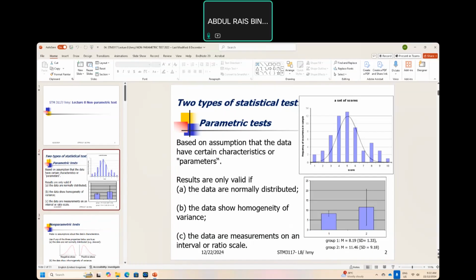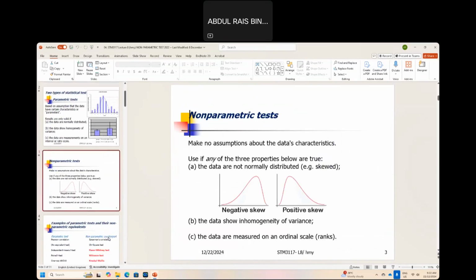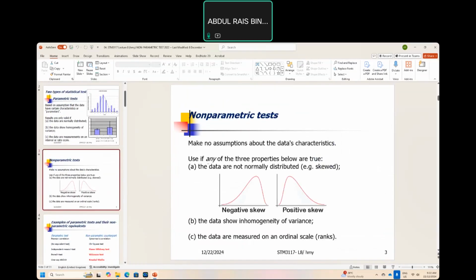For non-parametric test, lazimnya dibuat if your data is not normally distributed and there is inhomogeneity of variance, and you use data that are in ordinal rank scale.